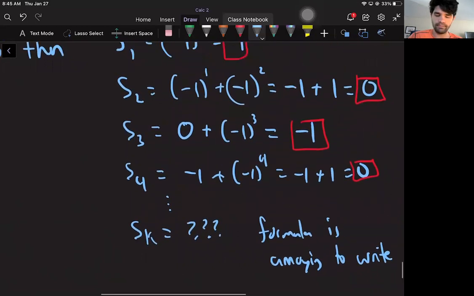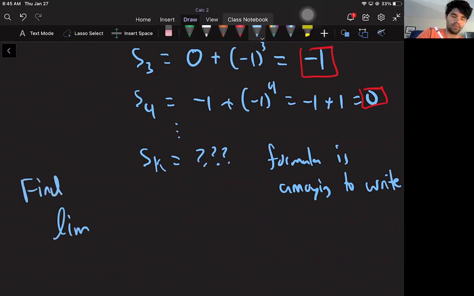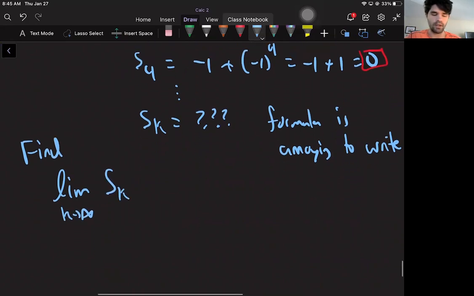But you don't need to do that, because what really matters is what SK is going towards, because we need to know this limit of the partial sums to figure out if the series converges or diverges. But we can just look at the sequence that we've created.